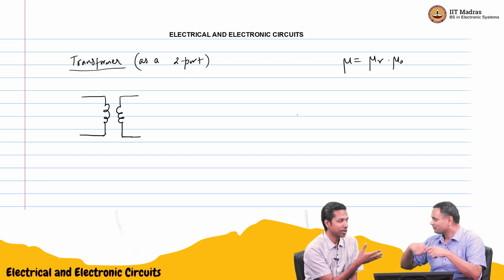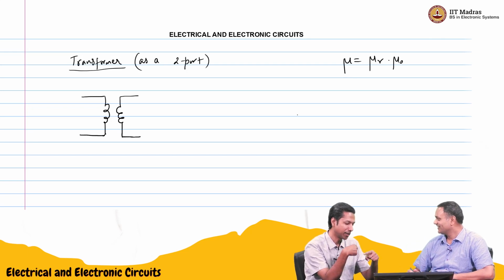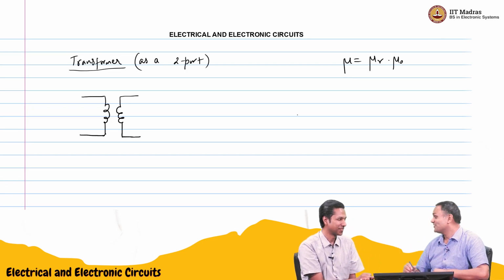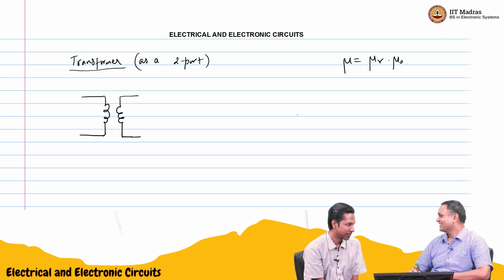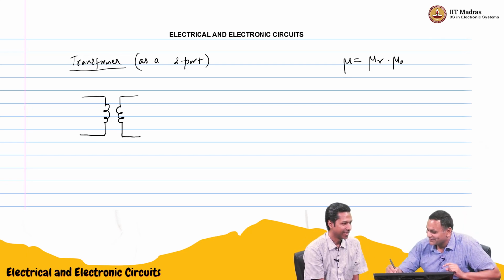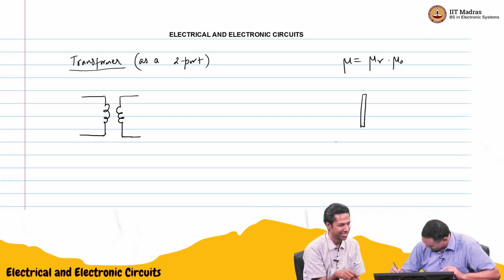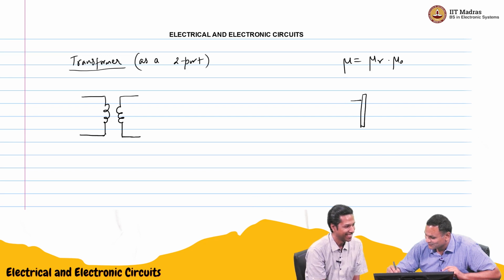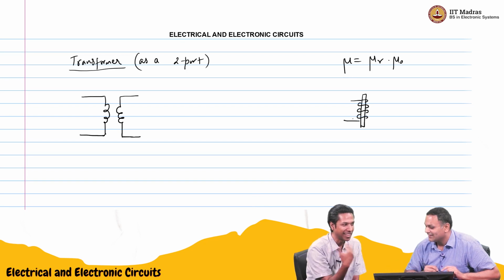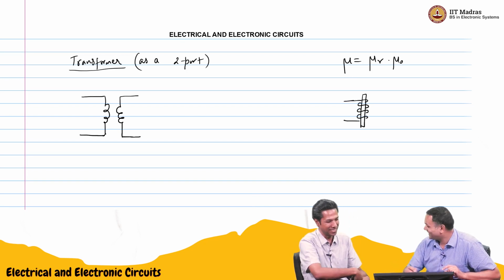I remember in my school days, I used to wind it on a nail, which is also a soft magnetic material. Then you connect a battery, it becomes magnetized, and it can attract another nail. So the mu r you are talking about is the relative permeability of that nail.